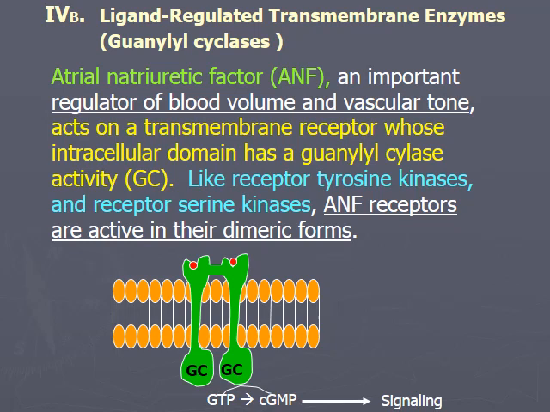Third example I want to talk about is the receptor guanylyl cyclase. So here we have a guanylyl cyclase which is tethered to the receptor. Is this a soluble enzyme? Or is this kind of stuck at the membrane? Right? So we call this a receptor guanylyl cyclase. And so what do guanylyl cyclases do?